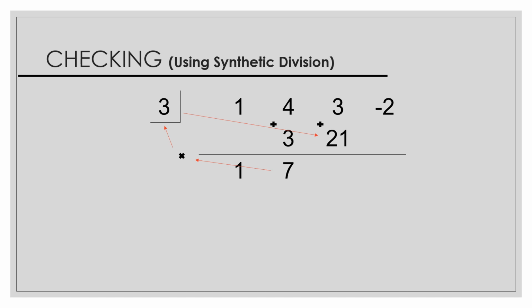That would give us 21. 3 plus 21 equals 24. 24 times 3 equals 72. Negative 2 plus 72 equals 70. And that is correct. We used two different processes and we get the same answer.